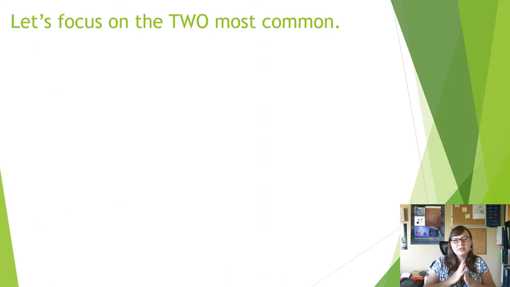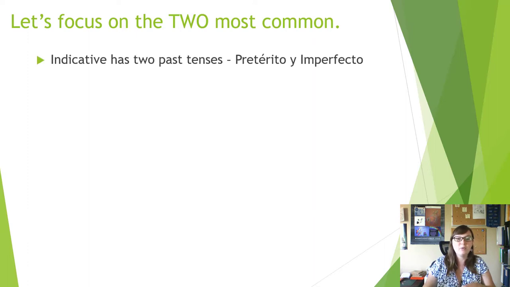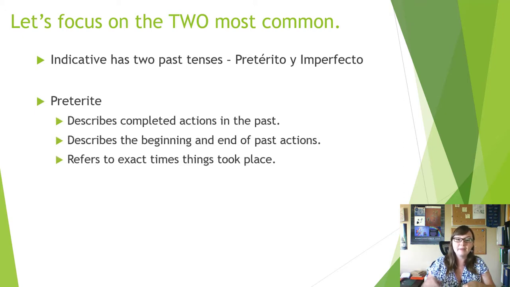So let's focus on the two most common for the next few weeks, which are the indicative, which has pretérito and imperfecto. So preterite describes completed actions in the past. It describes the beginning and end of past actions, and it refers to exact times things took place.